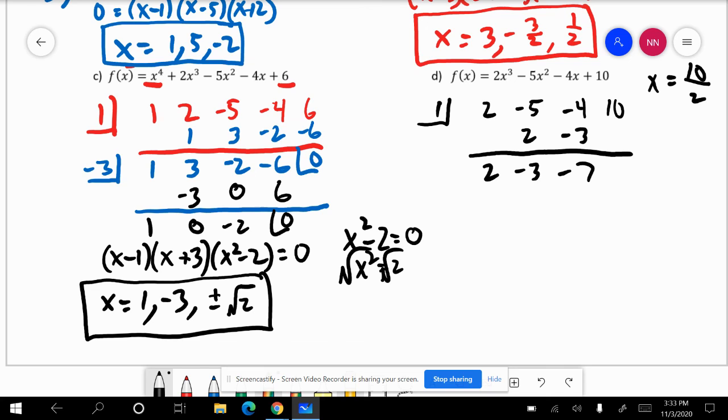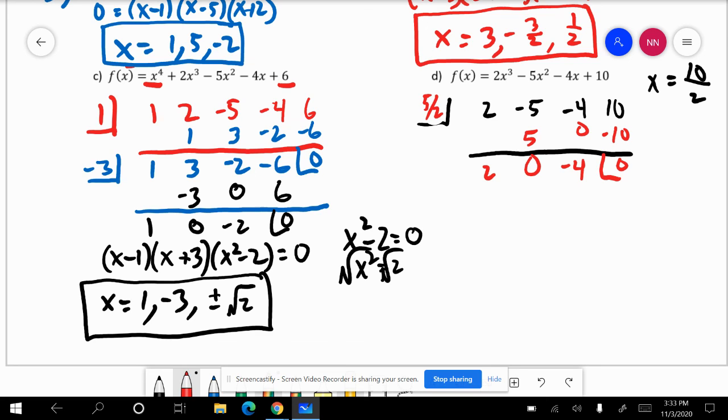I know it's not going to work. So that means I have to choose another one. I'm going to guess a fraction this time. I'm going to guess 5/2. 2, that would be 5. That would be 0. That would be 0, -4, and that's -10.